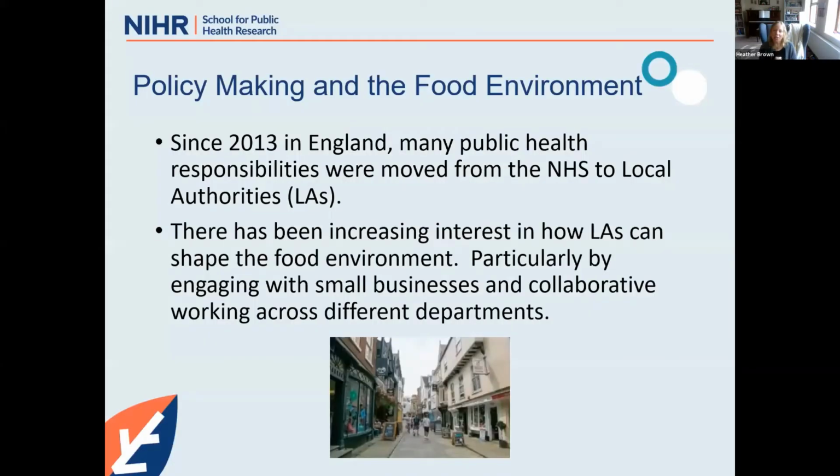Okay, so how does the food environment relate to policy? Since 2013 in England, public health responsibilities were transferred from the NHS to local authorities. Because of this, they were also tasked with promoting healthy weight, physical activity, and an overall healthy built environment.